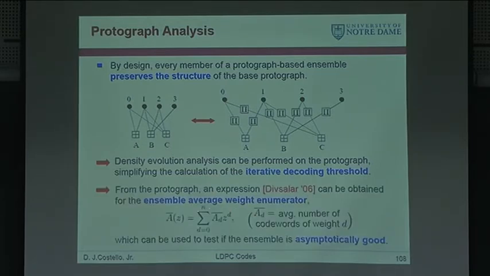And also you can do an ensemble average weighted enumerator which allows you to calculate the minimum distance growth rates of these ensembles, assuming they're asymptotically good, using the same kind of analysis that Gallager used, or that we use for turbo codes, for example, to get the weight distribution. And so it's not so hard to find the weight distribution of all the code words in a small graph like this. And then you can apply averaging techniques to get the average minimum distance of all the codes in a big ensemble.